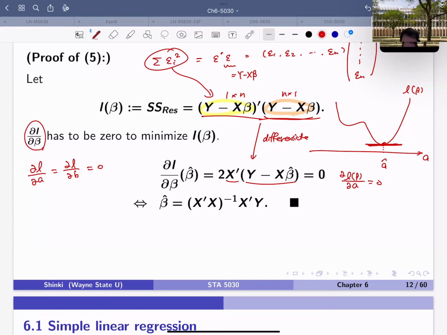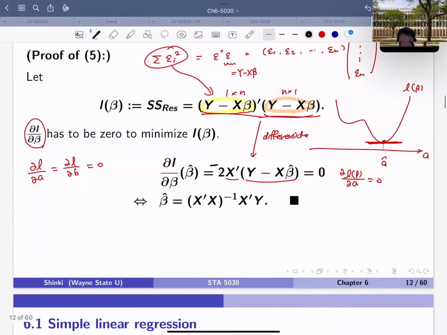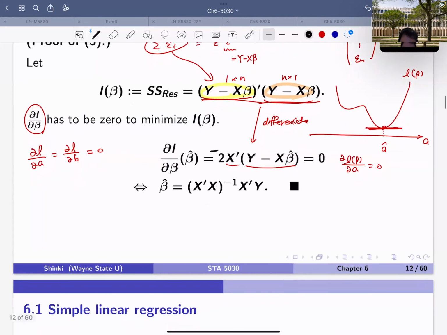If we ignore the fact that these are vectors and matrices, and everything is scalar, the derivative of y minus X beta with respect to beta is negative X. So we need the negative sign here, and this becomes negative 2 times X transpose times y minus X beta hat, and this should be 0. The negative sign doesn't really matter, because we can multiply by negative 1 and by 1/2.